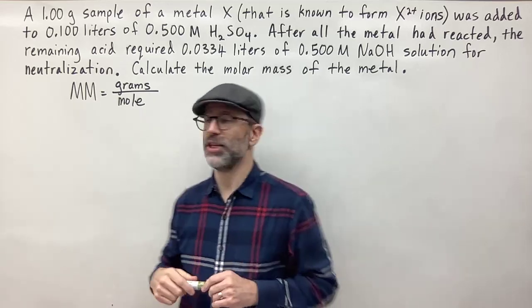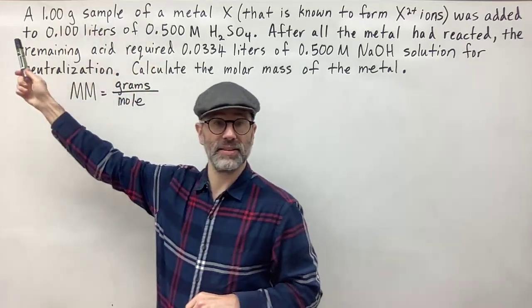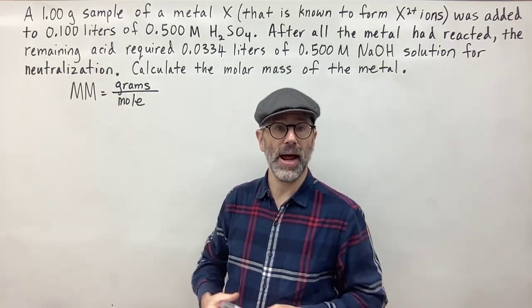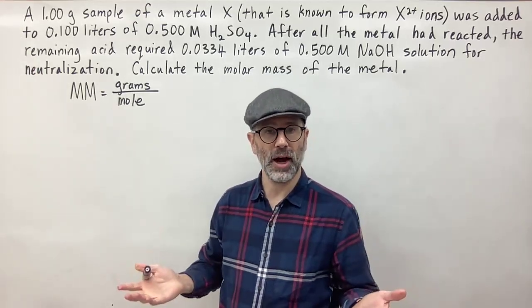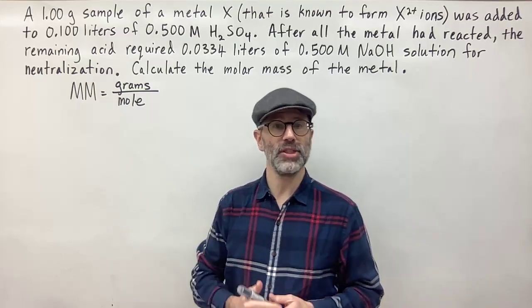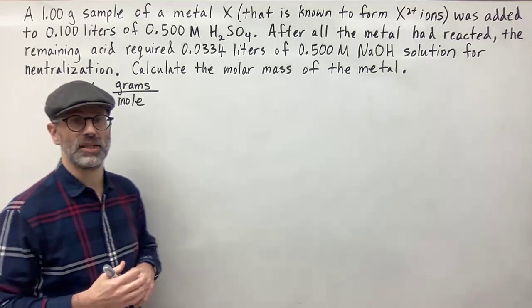So all we need to do is find out how many moles that is, and then we divide the two and we get our molar mass. So how do we find the moles of the metal that we start with? Well, that's where the reactions come in.